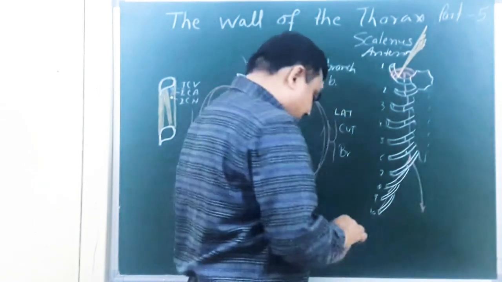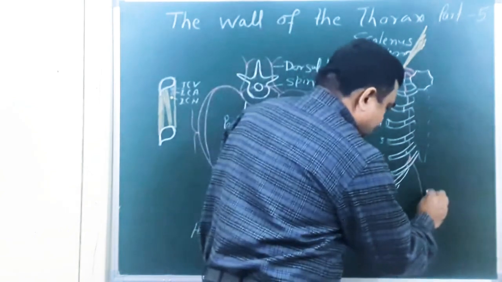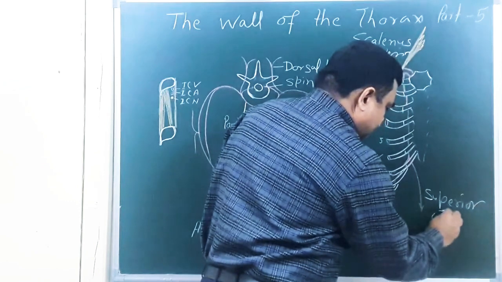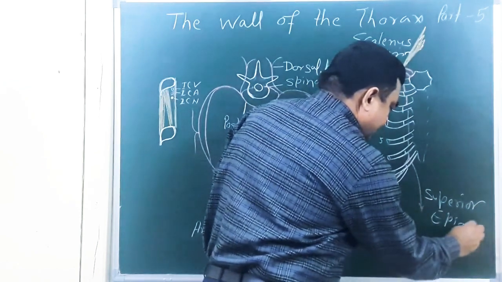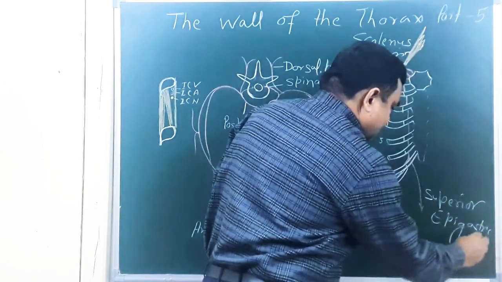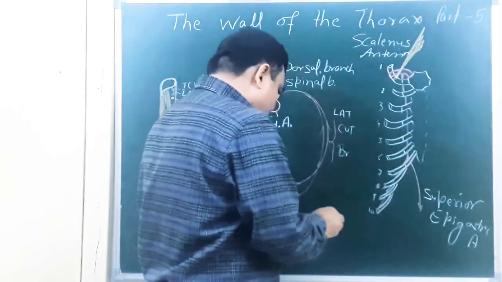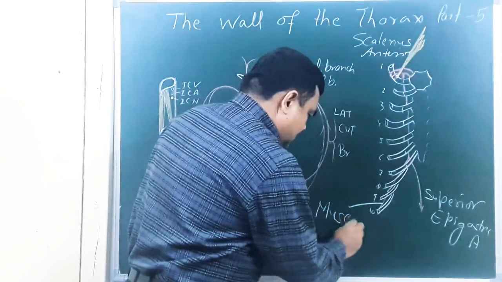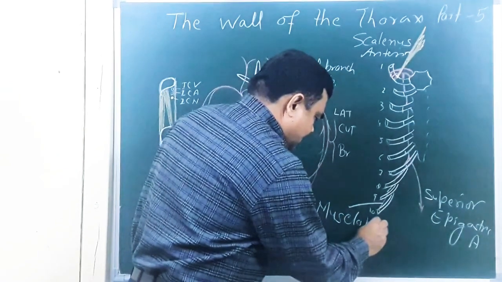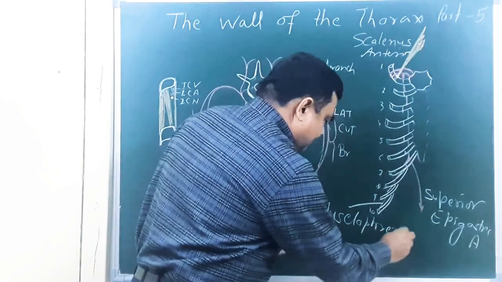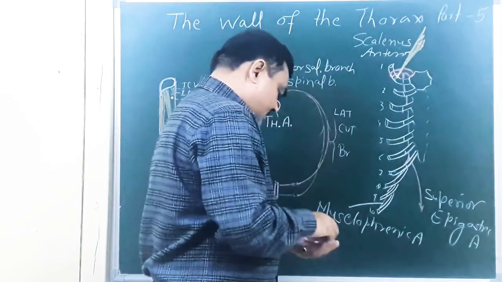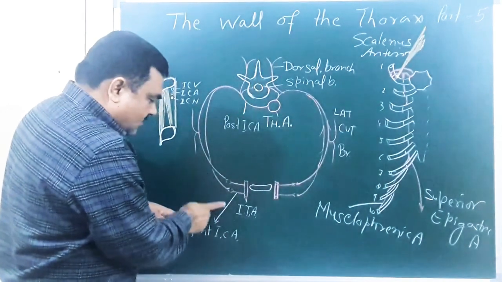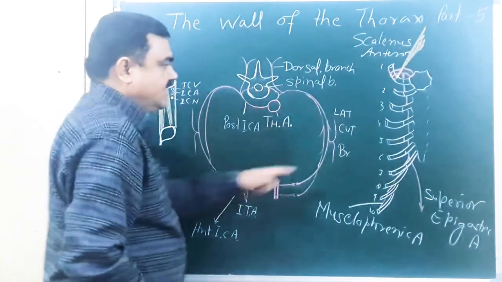This is the anterior intercostal artery that arises from the internal thoracic artery.